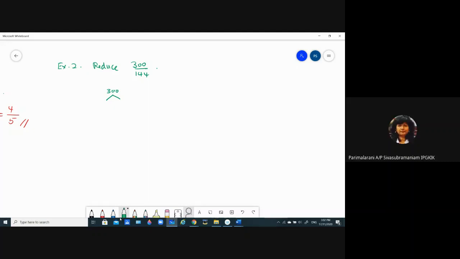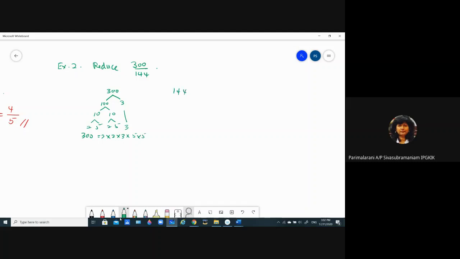How can we break this up? 300 is 100 times 3. 100 is 10 times 10. 10 is 2 times 5. So 300 is 2 multiplied by 2 multiplied by 3 multiplied by 5 multiplied by 5.